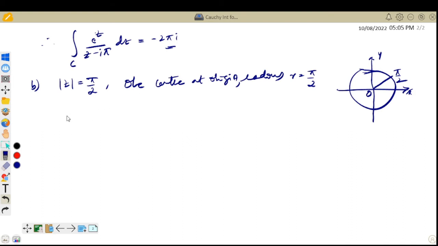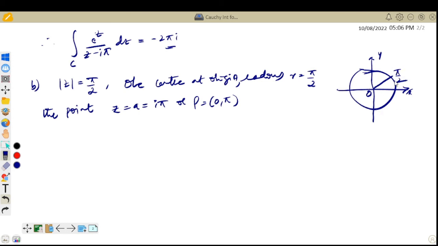I have drawn a diagram, and observe our point. What is the point? The point z equal to a, which is i pi, or you can also call it the point 0 comma pi. Where does this 0 comma pi lie? It is outside this circle, that is pi by 2.